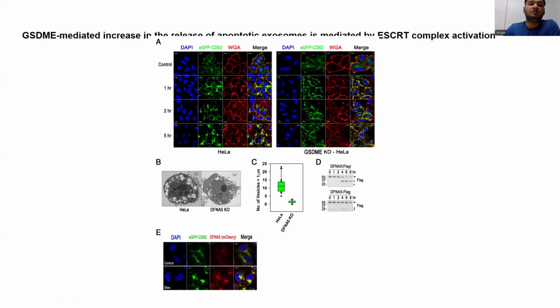When compared to the DFNA5 knockout cells, the size of the vesicles is very tiny or almost invisible. And to quantitate it, the amount of the vesicles more than one micrometer was greatly increased in the HeLa cells as compared to the DFNA5 knockout.